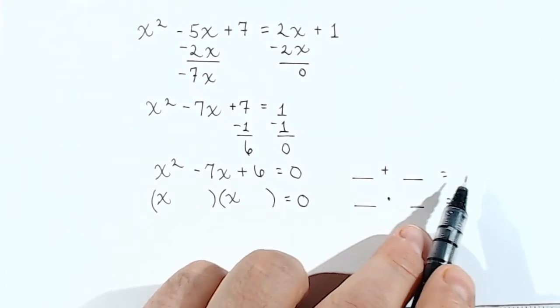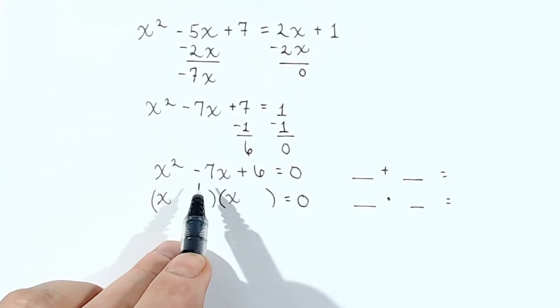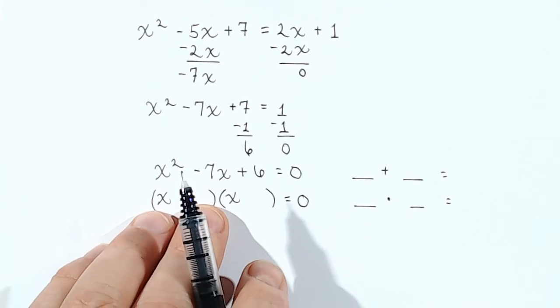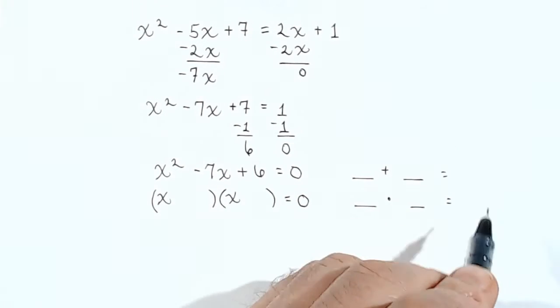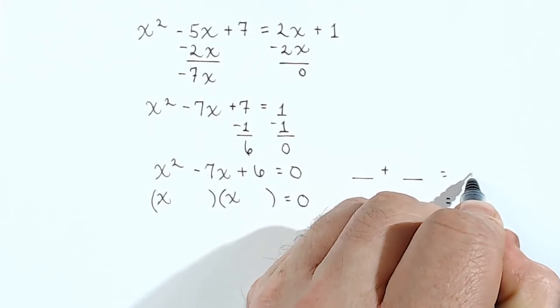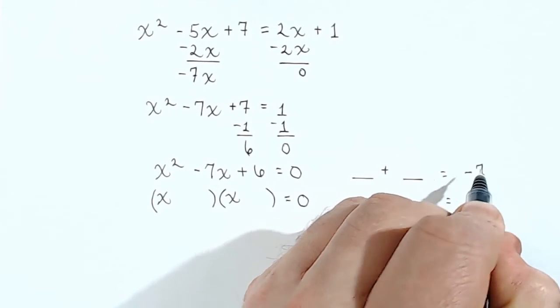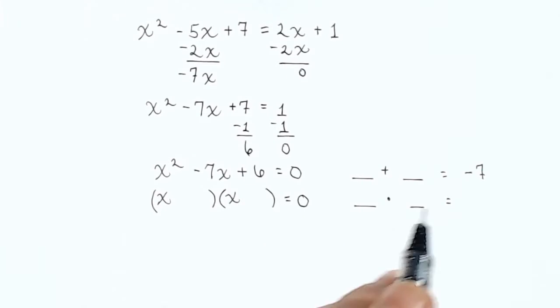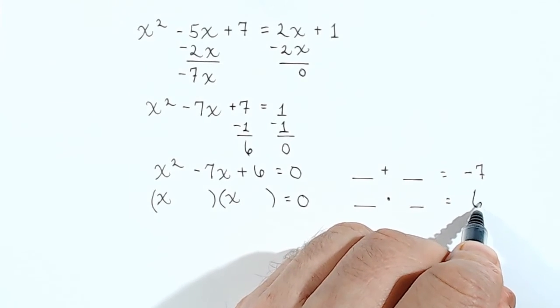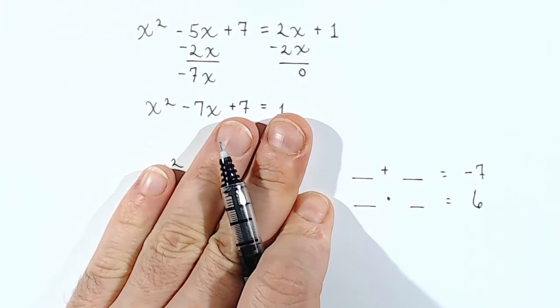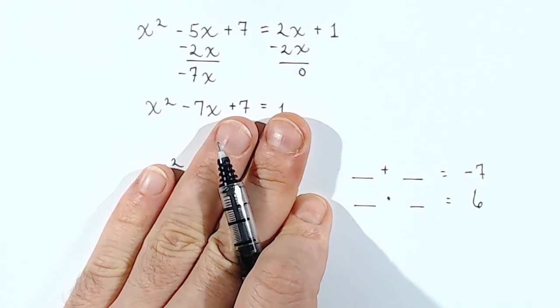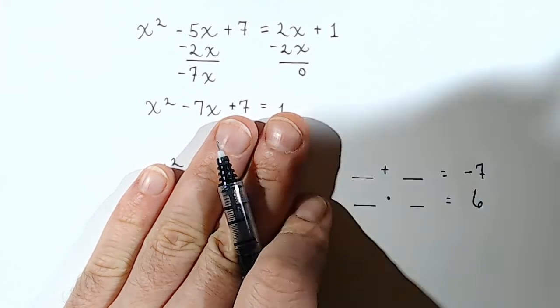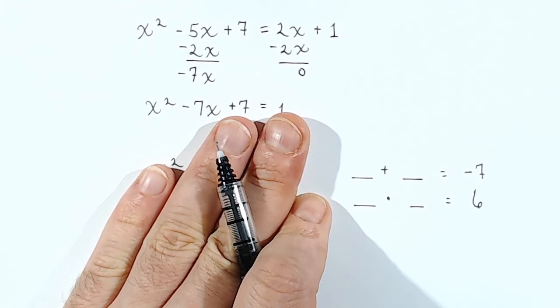So the terms that they have to add to equal is this middle term right here. This would be the b term in the standard form, and this term is negative 7. Those same two numbers need to multiply to equal 6. So for just a moment, forget about this and just try to solve this little puzzle. Two numbers that add to be negative 7 and multiply to be positive 6.